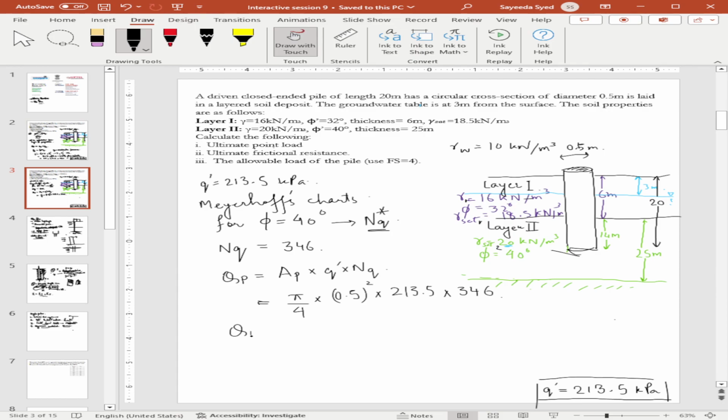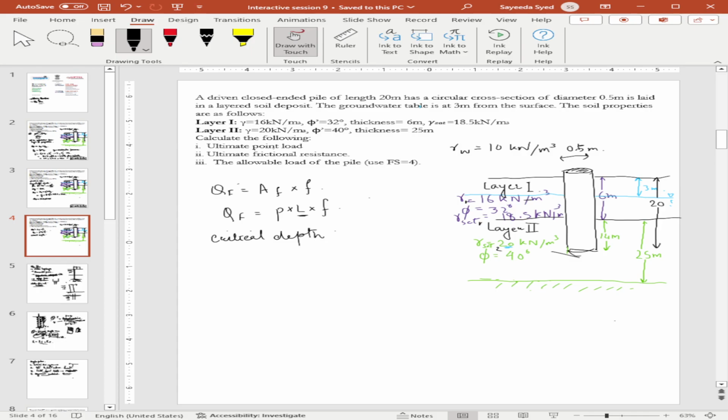So Meyerhoff has given the concept of critical depth, up to which, if the length of the pile continues up to that depth, this resistance will linearly keep on increasing, but beyond that, it will not increase, neither decrease. It will remain the same.